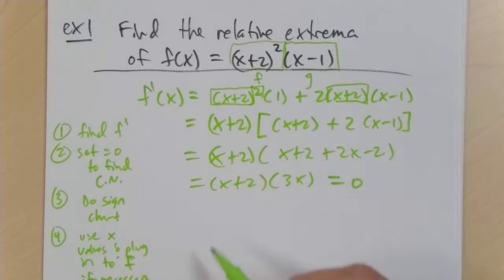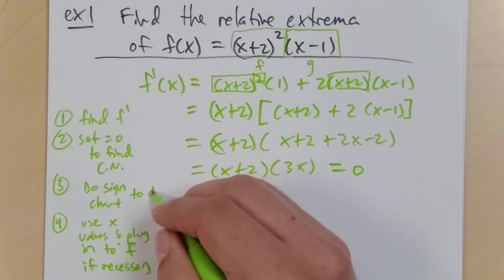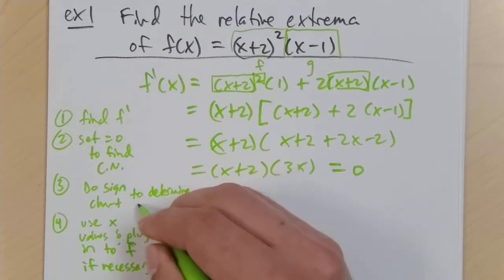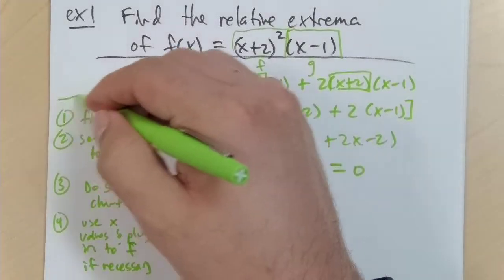So that's your basic roadmap. Do the sign chart to determine local min versus max.